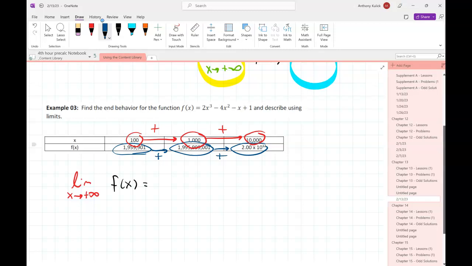They're getting bigger. So it must equal positive infinity. Is everybody okay with how I took the information on that table and came up with a limit notation for it? I just looked at whether the x's were getting bigger or smaller, and then looked at if the y's were getting bigger and smaller. Just like I kind of do with the graph, right?